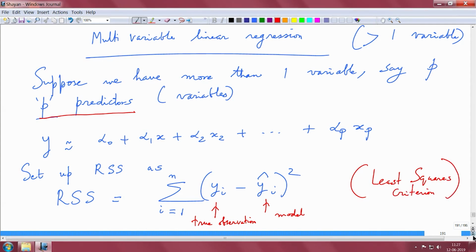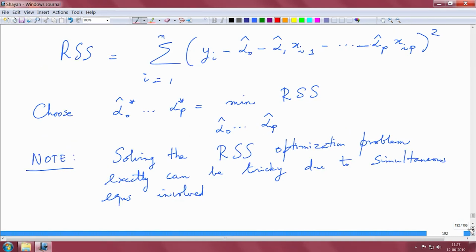Now we do the simplification, which is basically summation i equals 1 to n, where I just replace yi hat with this quantity. Since there is a negative sign sticking with respect to all the coefficients alpha naught hat, alpha 1 hat, etc. Now the goal of the problem would be to minimize the residual square sum with respect to the parameters alpha naught hat, alpha 1 hat, so on till alpha p hat.